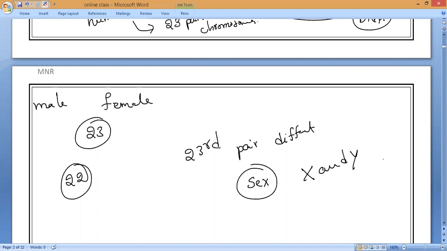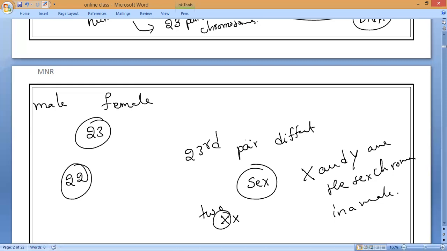X and Y are the sex chromosomes in a male. But if we take the female, we have X and X only. It has two X chromosomes. So that is the only difference in all the 23 pairs of chromosomes.